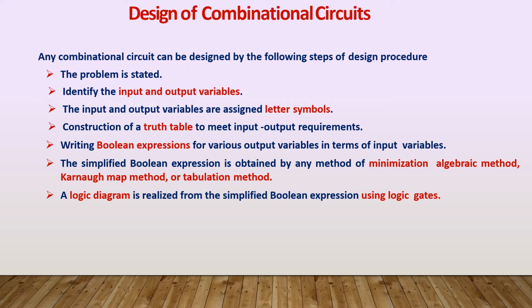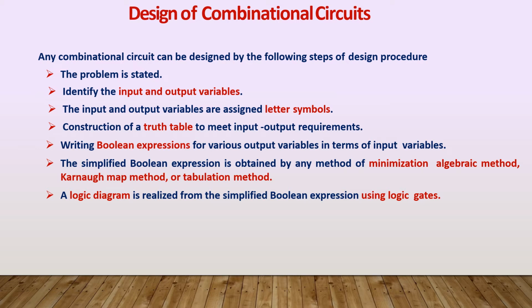The next step is, with the help of the input and output variables, we can construct the truth table. The purpose of the truth table is to give the input and output requirements or combinations. Then we can write the Boolean expressions for the various output variables in terms of input variables. Those Boolean expressions can be given in terms of equations, or in terms of binary bits.